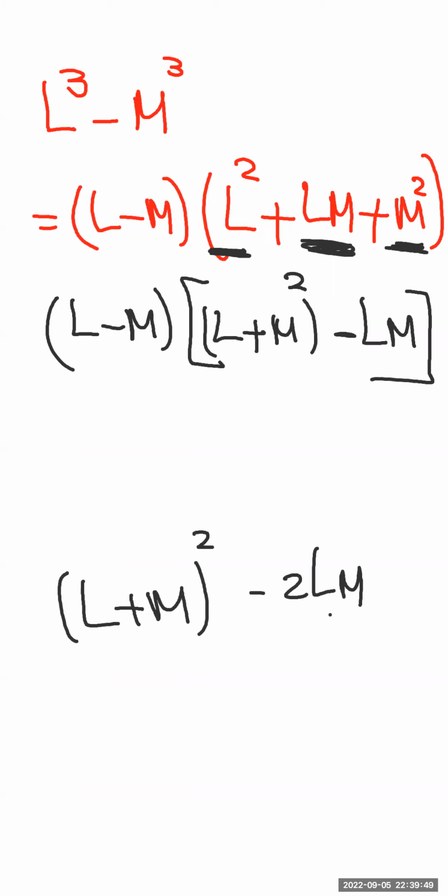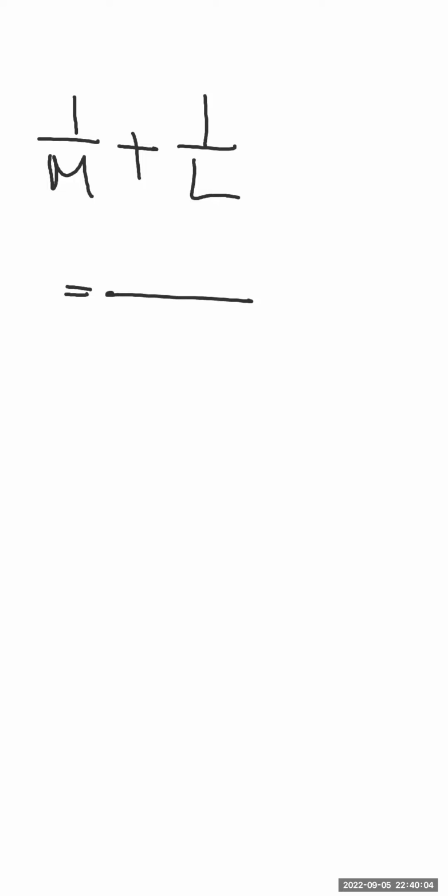Okay. The last two rules are actually very easy. The first rule: 1 over m plus 1 over L. In this case, we simply unify the two denominators, so the denominator will be mL. Now, divide the new denominator by this one, so it will equal L times 1.